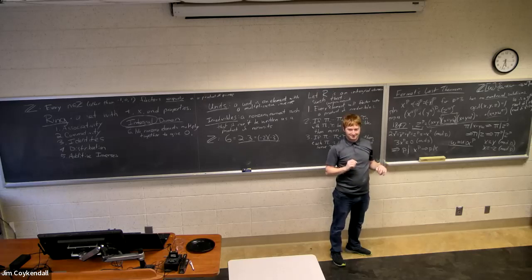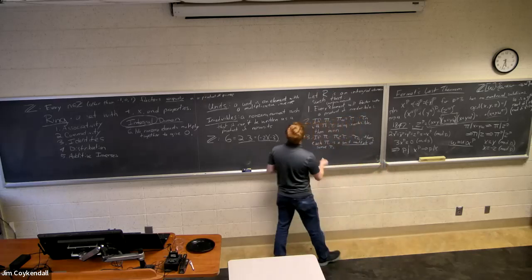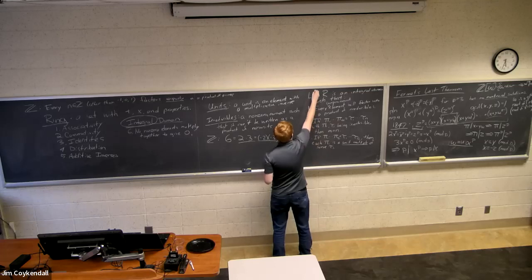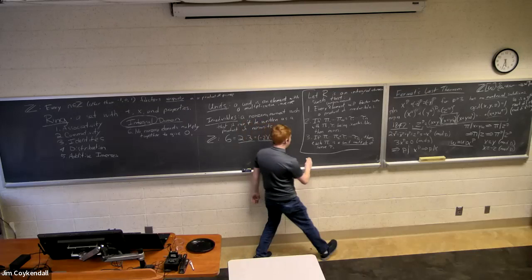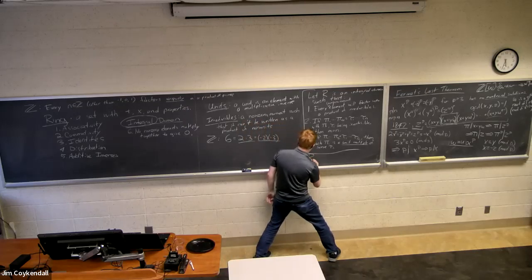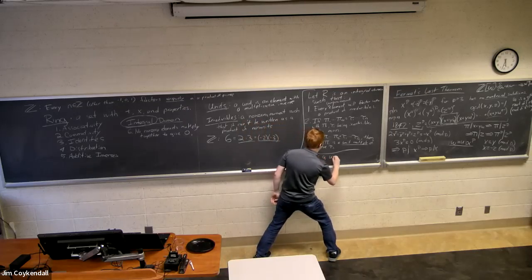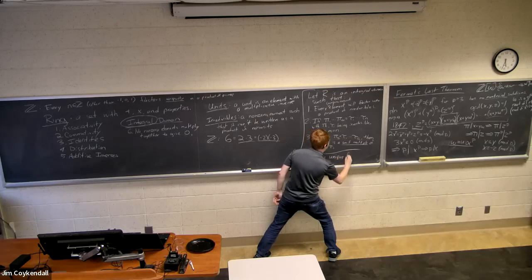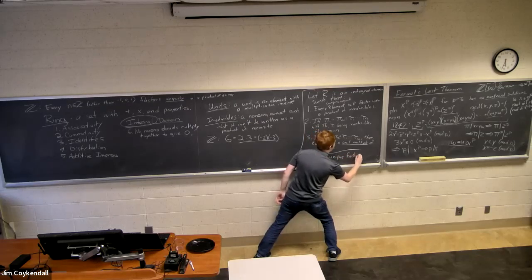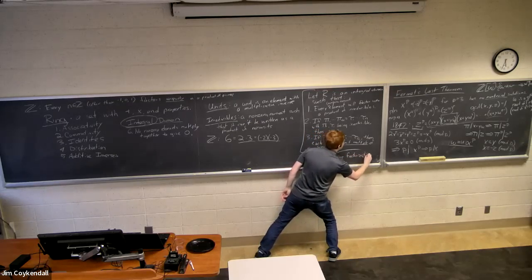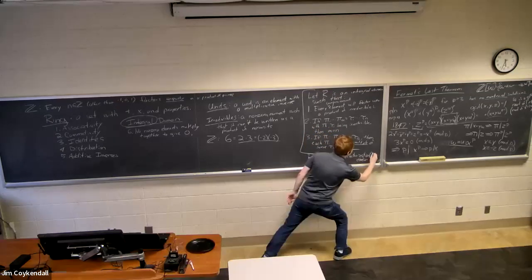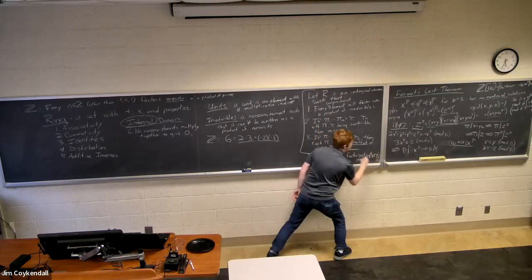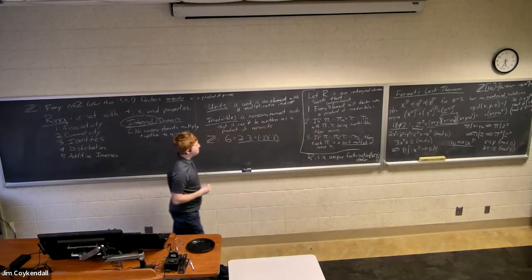Except we haven't. Because we assumed these things. We assumed that this was a unique factorization number. That took me a while to write up then, so I'm only going to call them UFDs from now on because it's shorter to write.